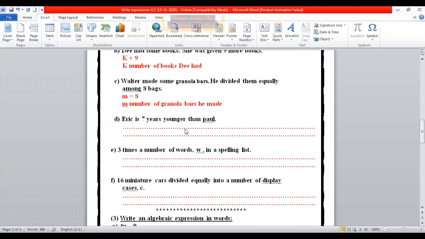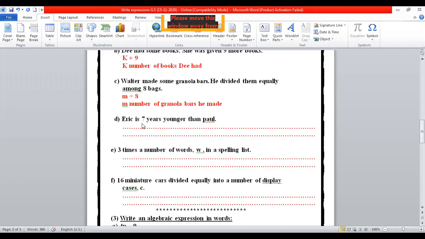Minus. Good. If you have less than, younger than, smaller than, shorter than, all these mean minus, and you start by the number or the letter after them.